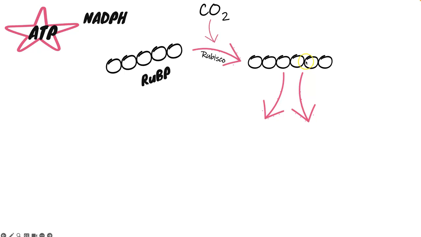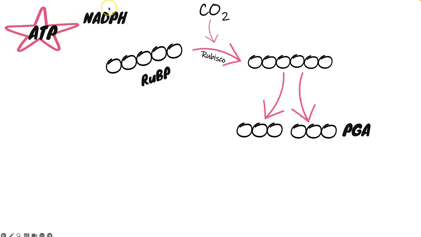This 6-carbon molecule is not very stable, so it immediately breaks in half into 2 3-carbon molecules called PGA, or phosphoglyceraldehyde. Now, remember the whole point of what we're doing is photosynthesis, which is making carbohydrates, mainly glucose. And we just made all these high energy molecules.